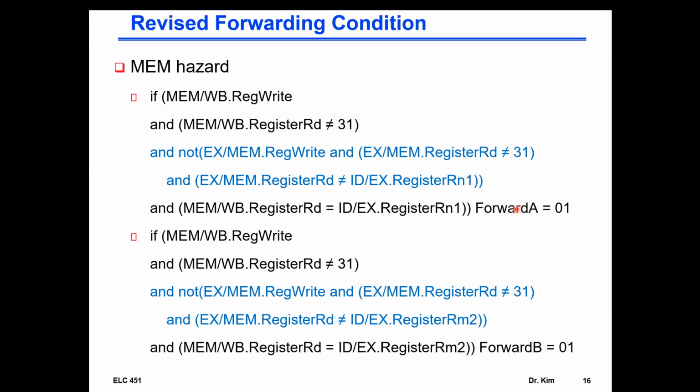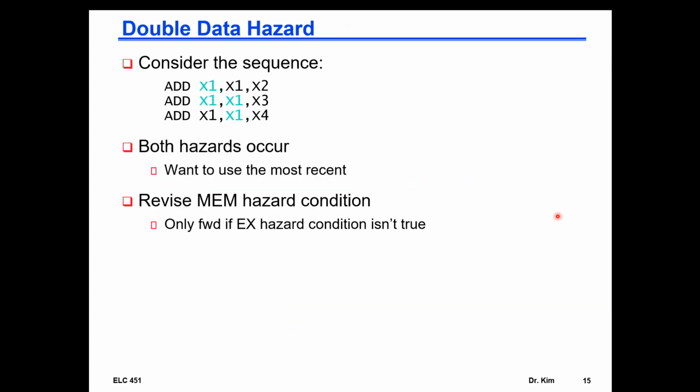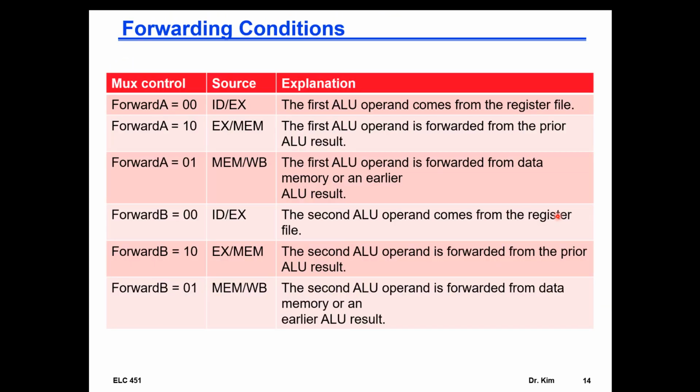Then I'm going to forward into port A of the ALU. And this would be, according to our table before, we're going to forward from the memory write back boundary pipeline register.